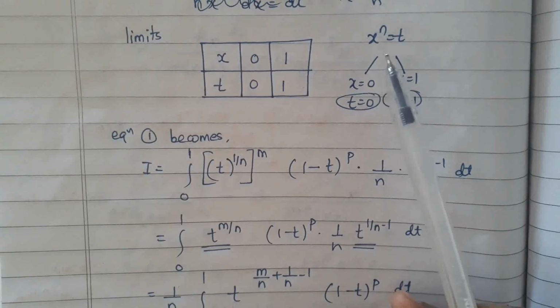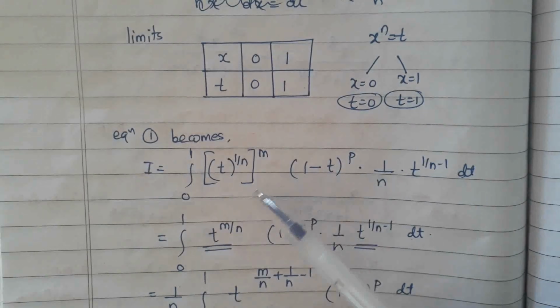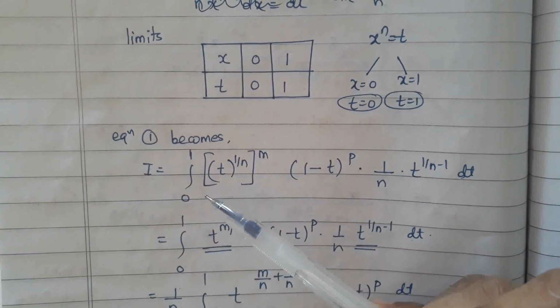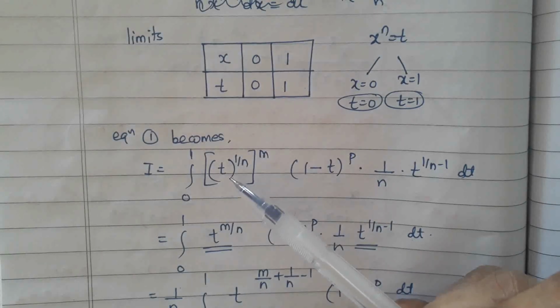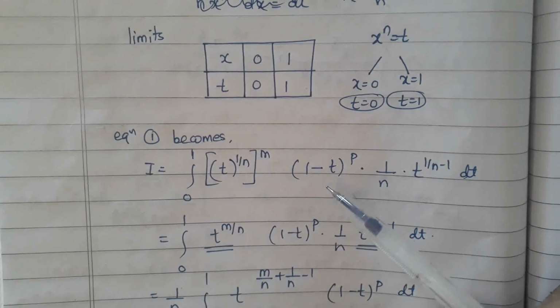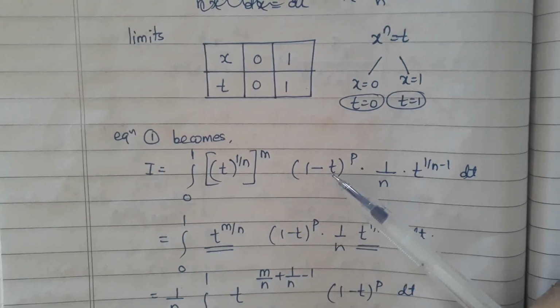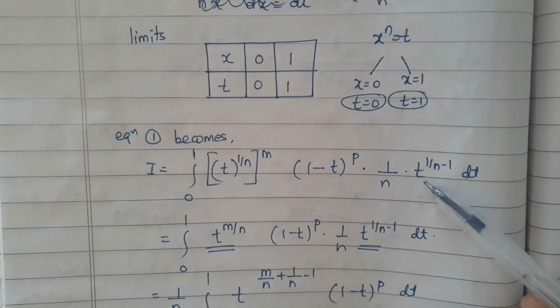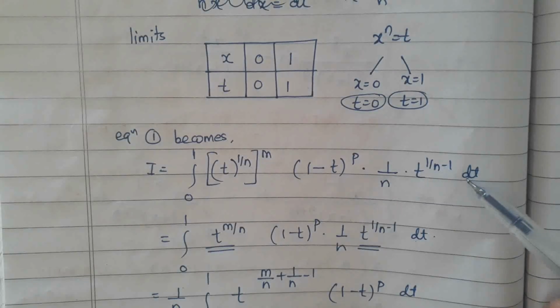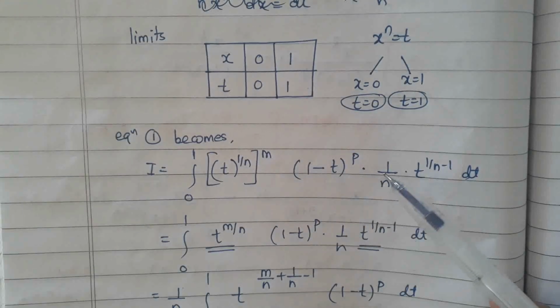Use all the proper substitutions in equation number 1. Equation number 1 becomes I equals integral 0 to 1. The value of x is t raised to 1 by n, so (t raised to 1 by n) raised to m, and x raised to n equals t, so (1 minus t) raised to p, and dx equals 1 by n, t raised to 1 by n minus 1 dt. Now simplify this.